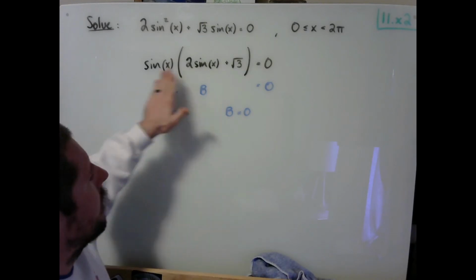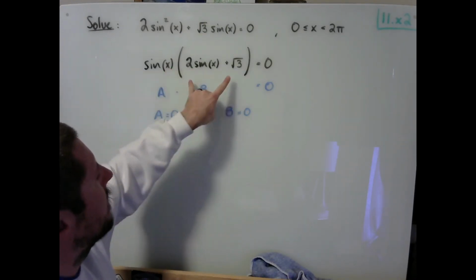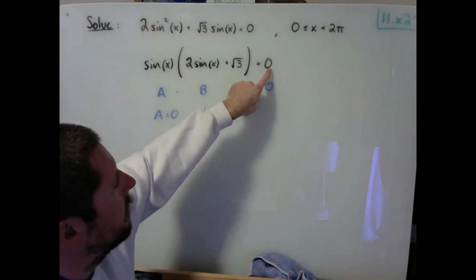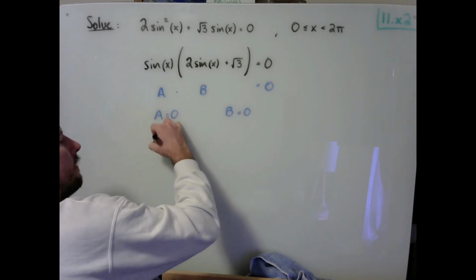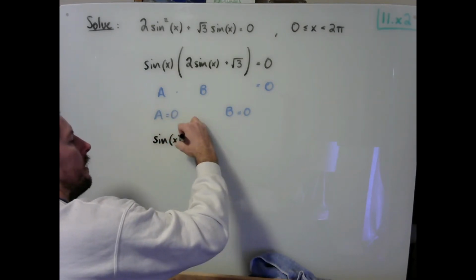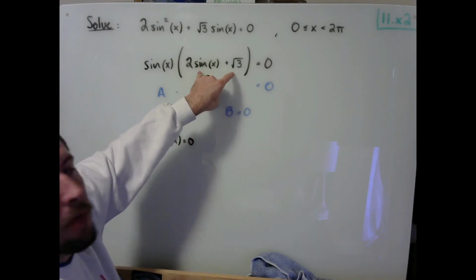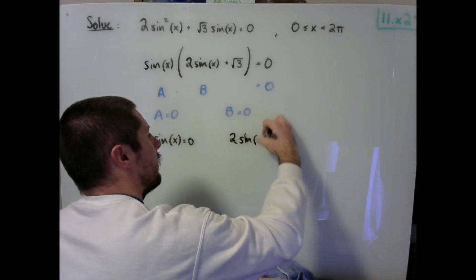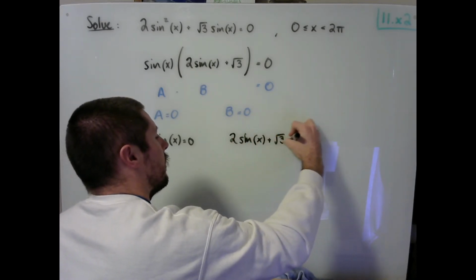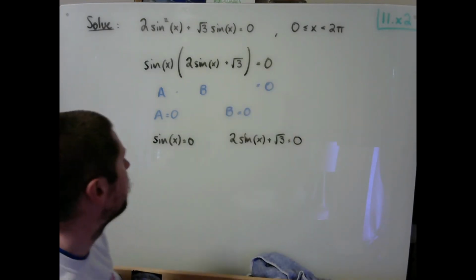Given my slightly more complicated expression, I can say, if I multiply this factor by this factor and get 0, it must be the case that either sine of x is equal to 0, or it must be the case that 2 sine x plus root 3 is equal to 0. These are both equations that I can solve in the interval 0 to 2 pi.